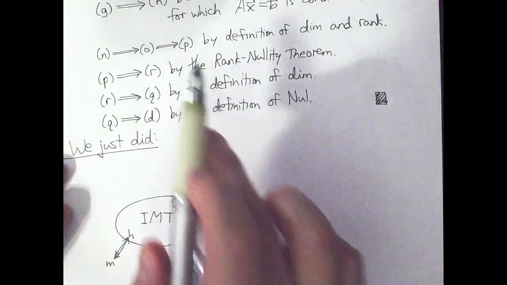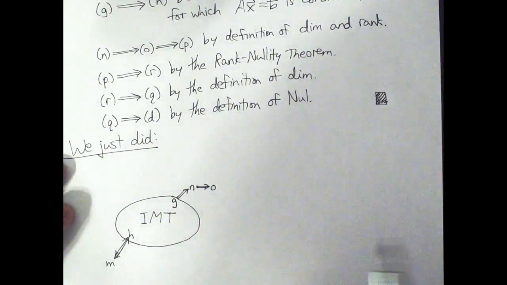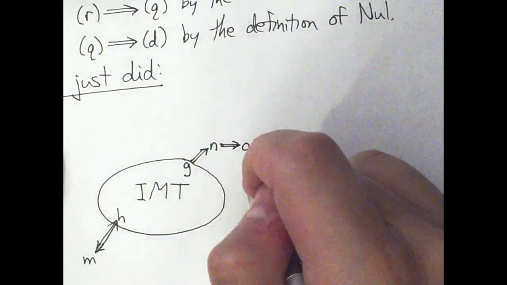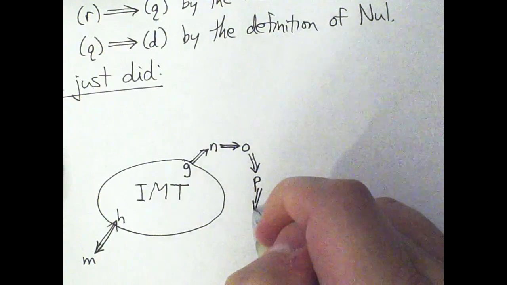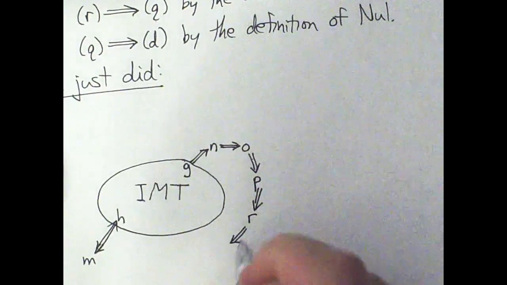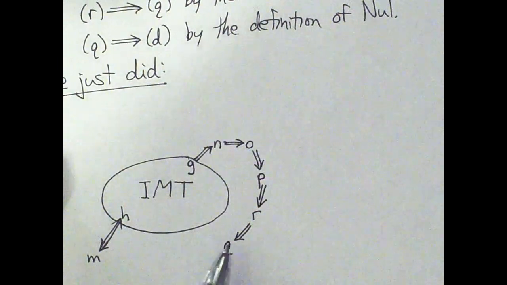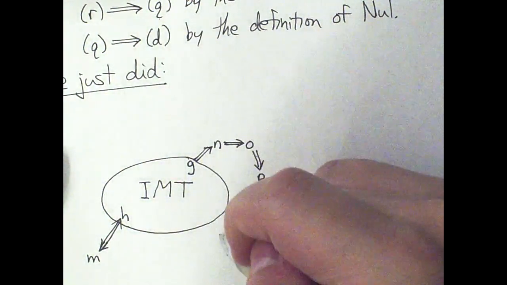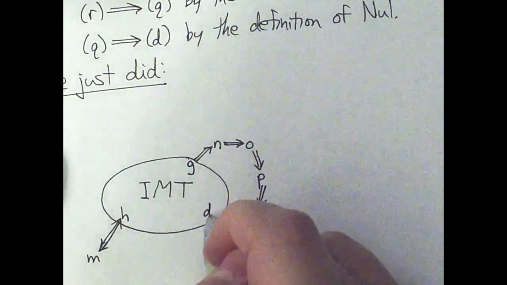And then we started on this big chain. N implies O. I'm going to zoom in on this. N implies O, and then O implies P, and then P implies R, and then R implies Q. I said it was important that we somehow tie Q in with the older statements of the IMT, and we showed that Q implies D, which was already part of the IMT.